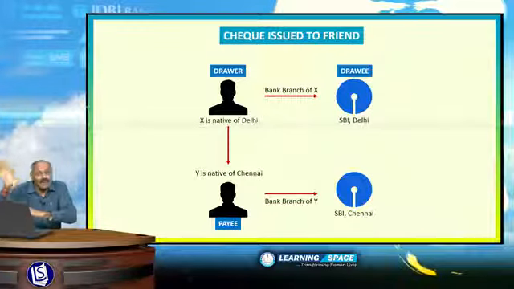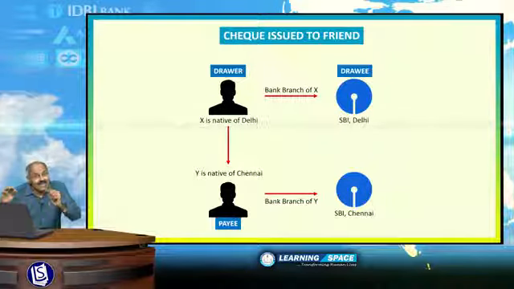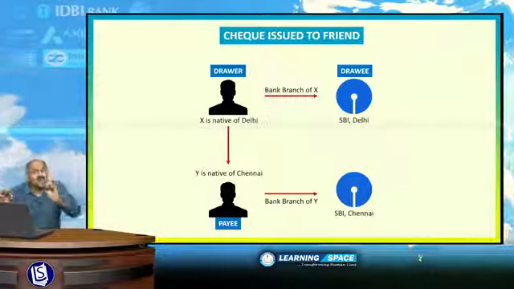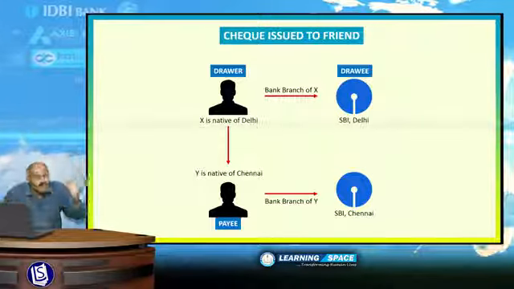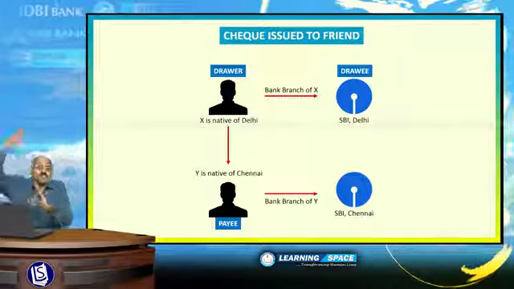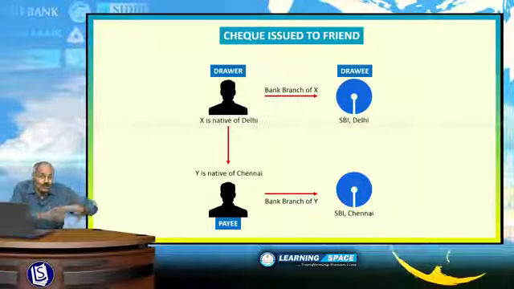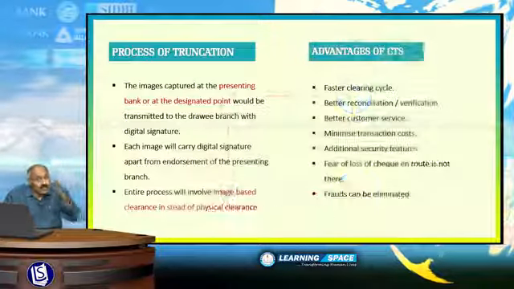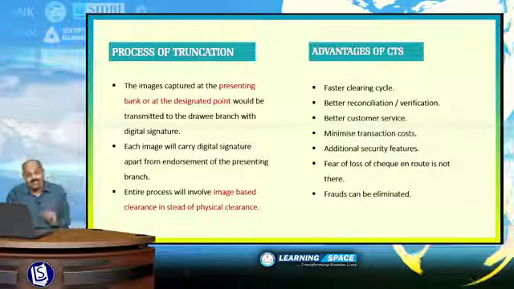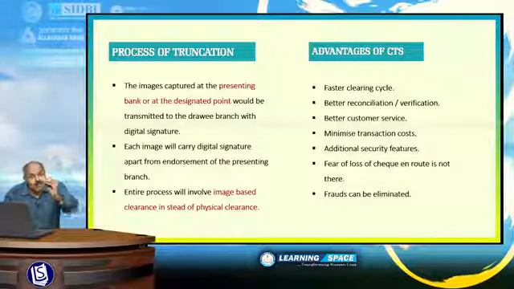No physical movement of the check. Only the information contained on the check will be verified electronically from Chennai with Delhi, and subsequently the payment will be made to Y. No physical movement of the check. So this is the beauty of CTS checks. Physical movement is eliminated, only the image will be sent.